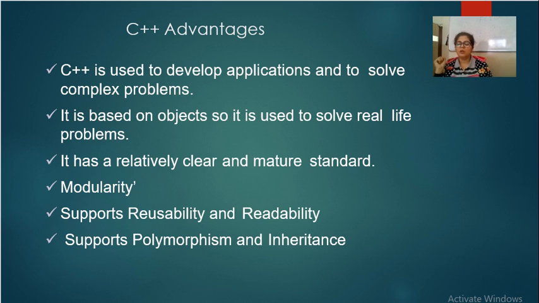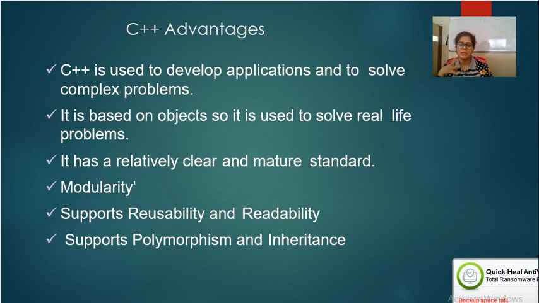For example, we want to develop a program to calculate the sum of 10 numbers. We want to develop a program to find whether a number is even or odd. So these are all real life problems. For example, we want to develop a program to check whether the user has paid some specific amount or not.